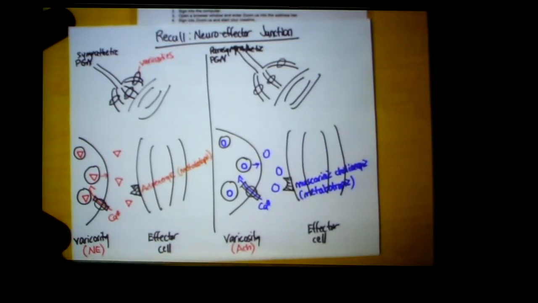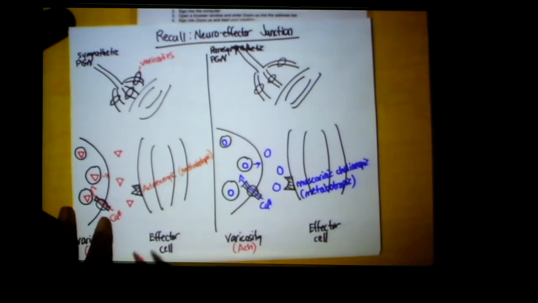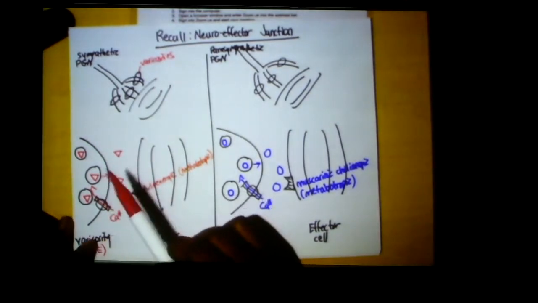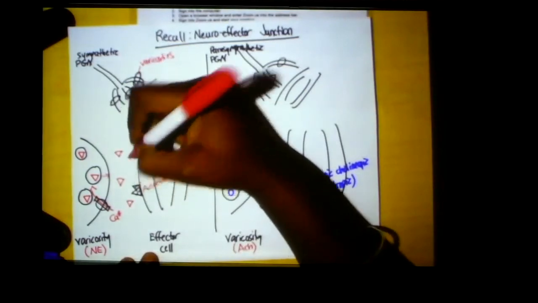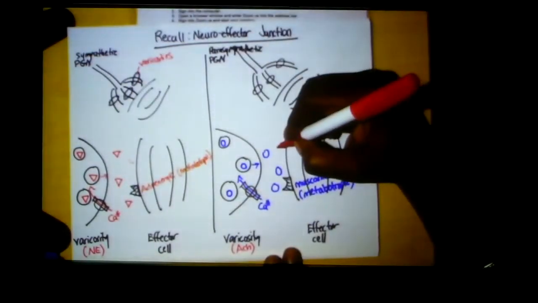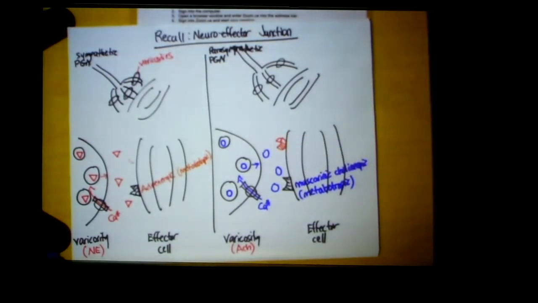Now let's look at what happens after we have our event on the postsynaptic effector cell. There may be excess neurotransmitter at the junction, and so we have enzymes here on the parasympathetic side that will degrade the excess neurotransmitter. Anyone remember the name of this enzyme?